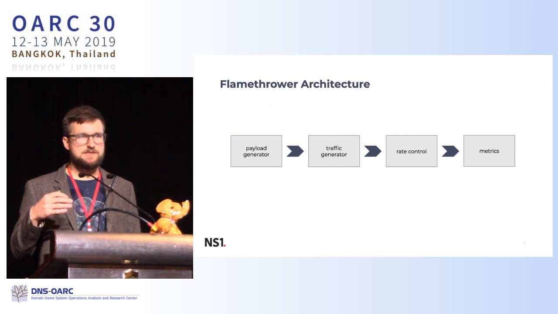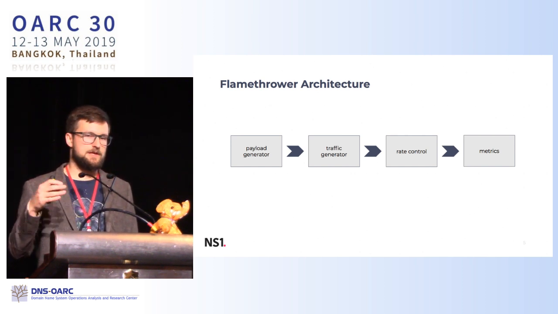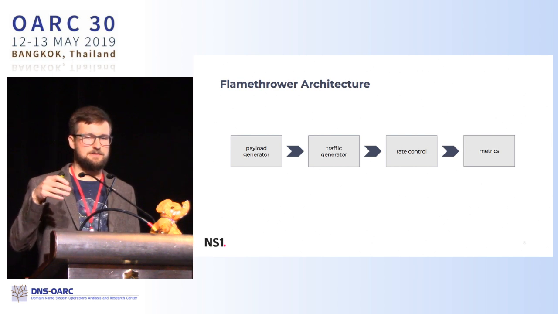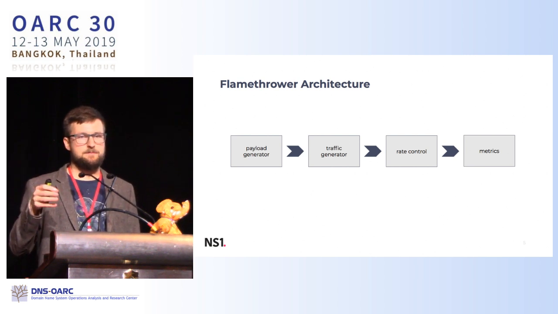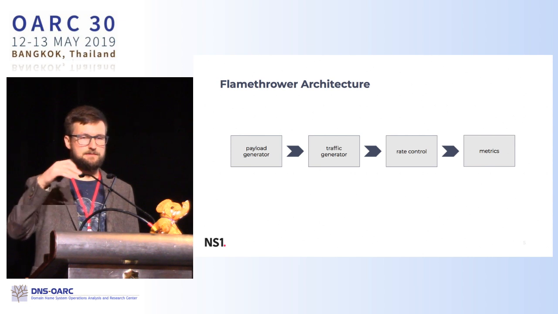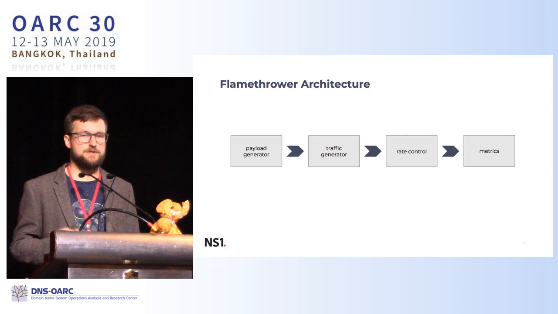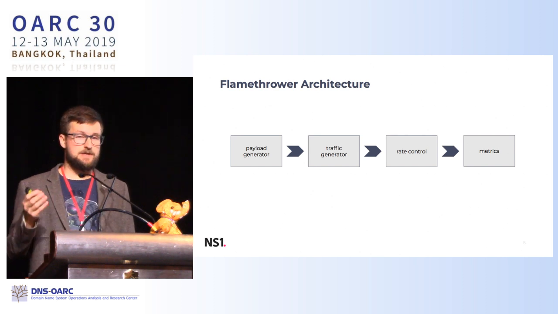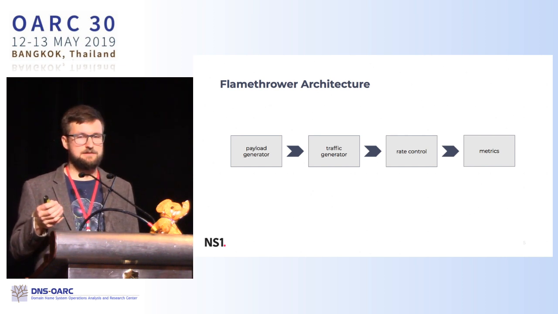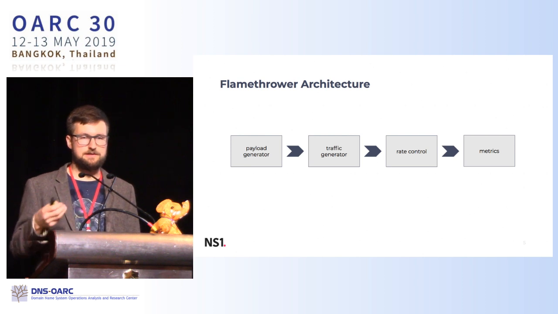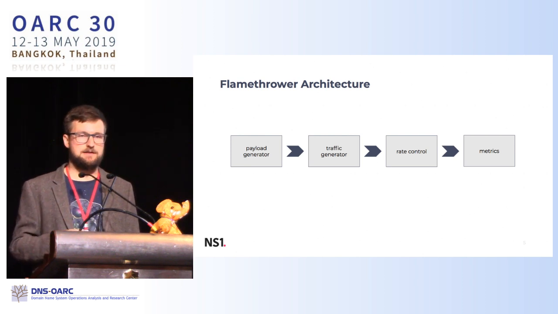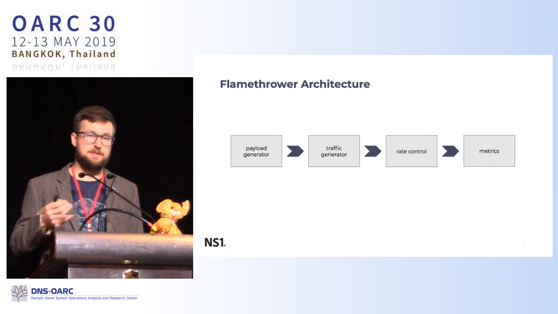If you want some more granular QPS control, you can do that in the next block, which allows you to cap the query rate of the traffic generator. And the last component is metrics, because we are interested in collecting the results in an automated way, readable to the user, but also in machine-readable format.